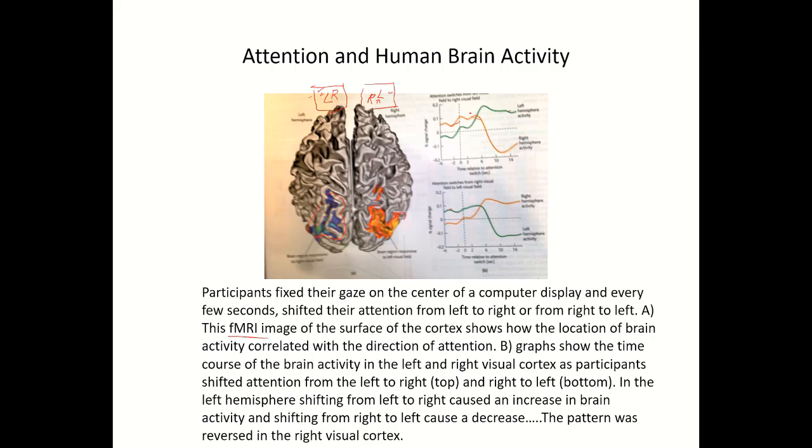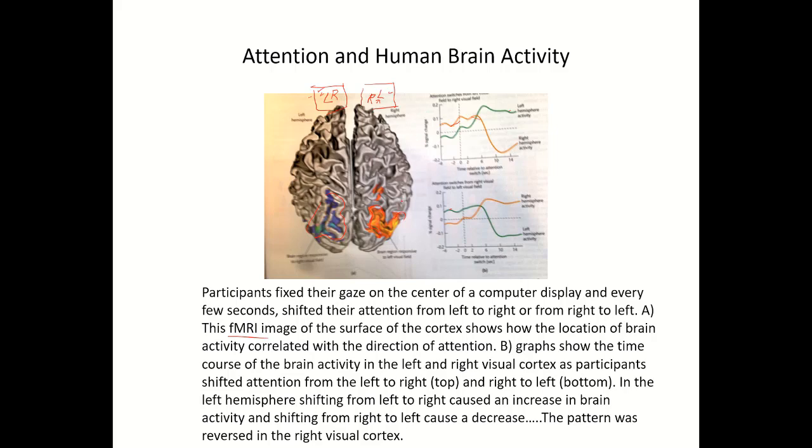So the activity was high when the subject was paying attention to a visual field of the opposite side, because we know that the signal from the right visual field goes to the left hemisphere and left to the right mostly.